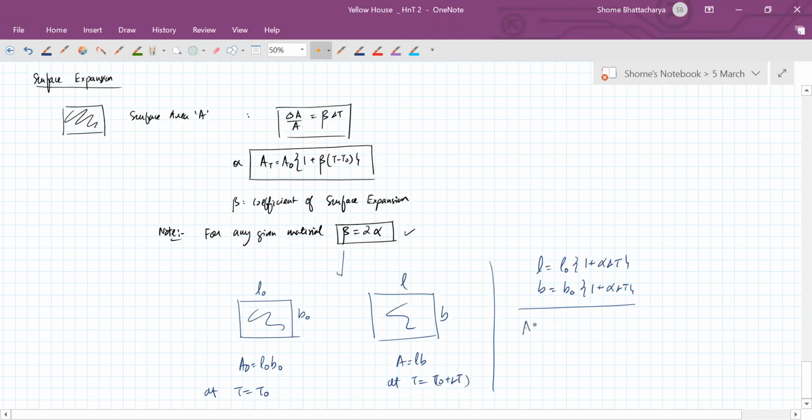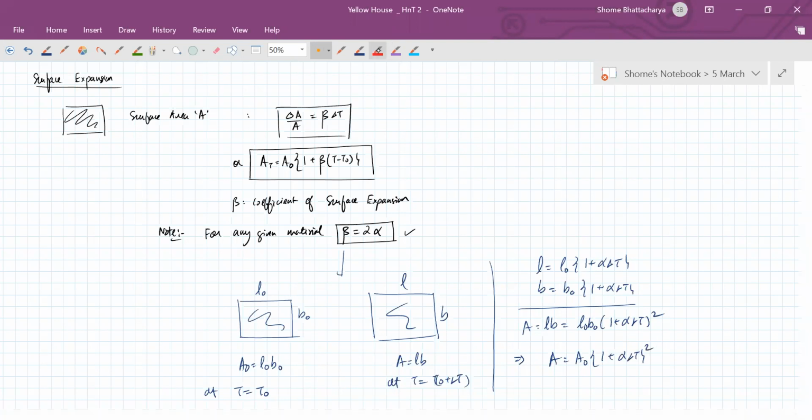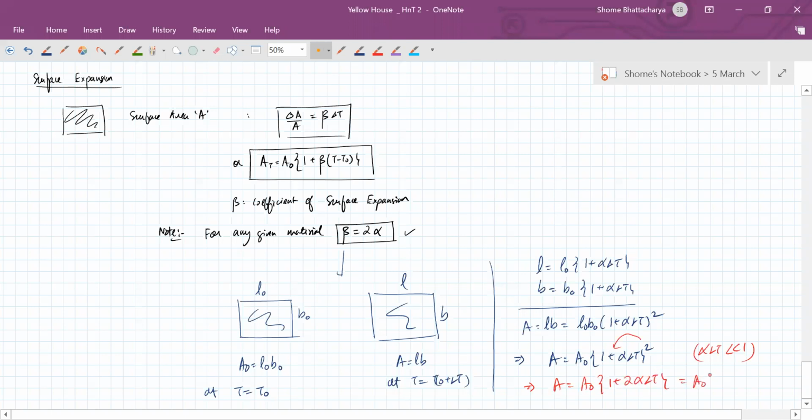So therefore area, so if you compare this, you can see that the new area has become, okay, now binomial approximation. So you can see that beta is twice of alpha.